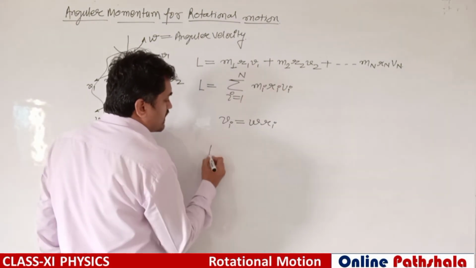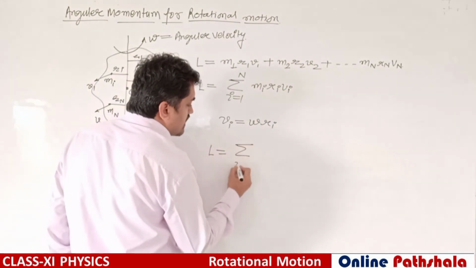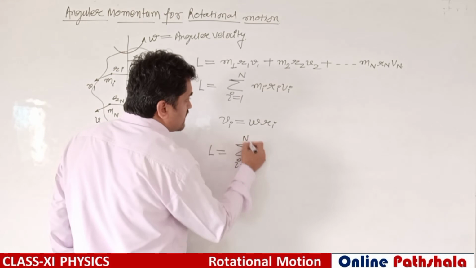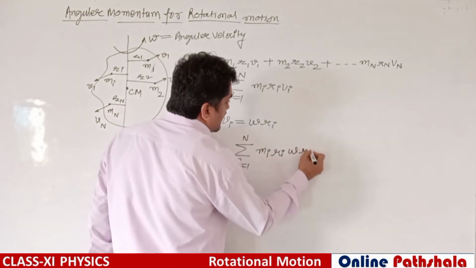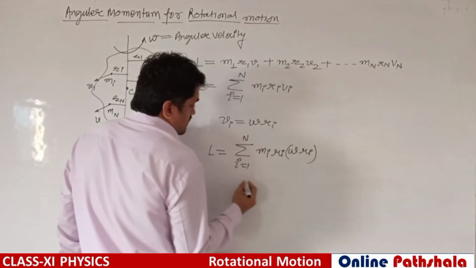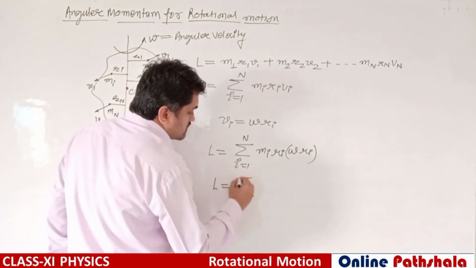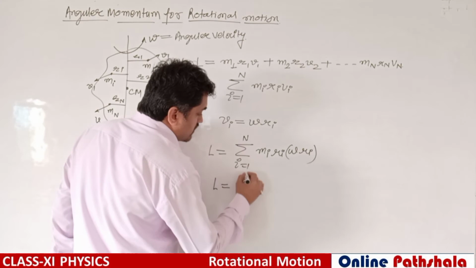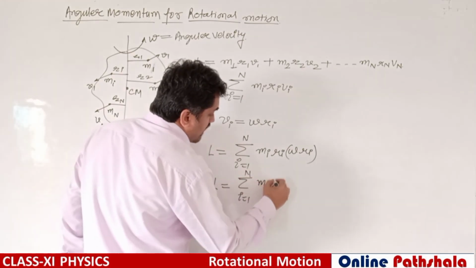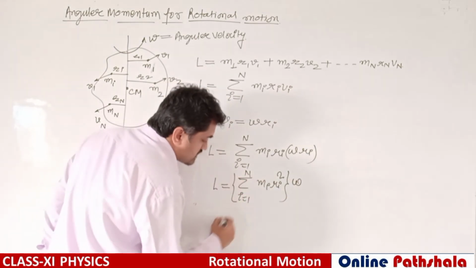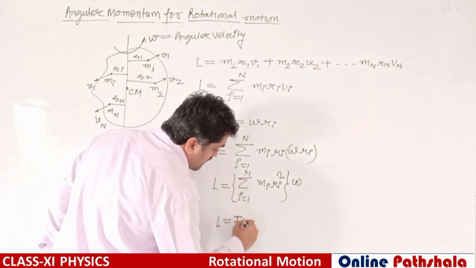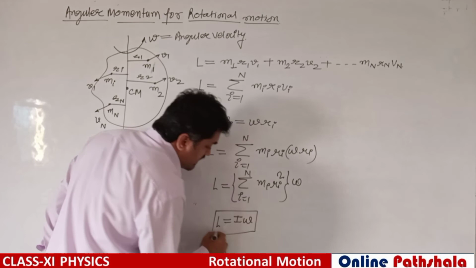Now we can put L equal to summation i equal to 1 to n of mi ri omega into ri. So L is equal to summation i equal to 1 to n of mi ri square into omega, and this term can be written as I, the moment of inertia.